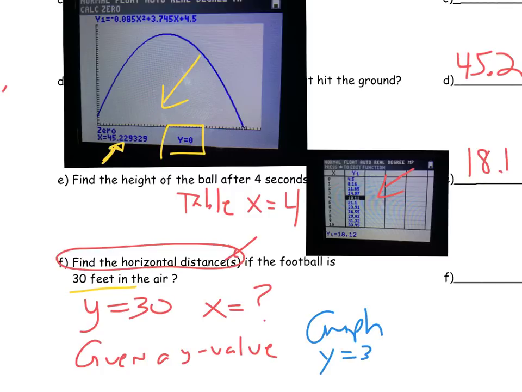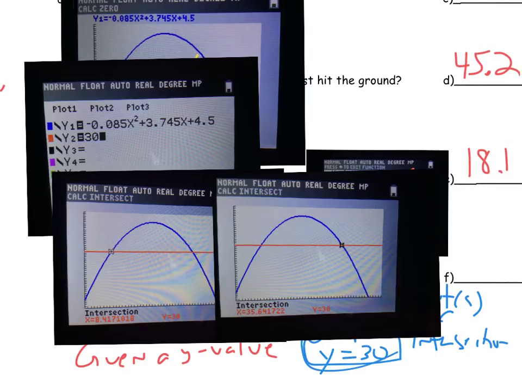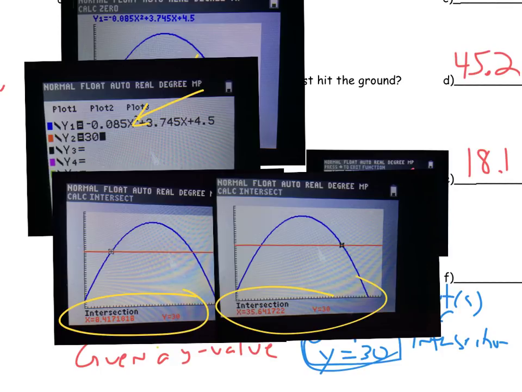I'm going to graph the equation y equals 30 and then find the points of intersection of our equation and this new equation y equals 30. And here you go, here are the 2 points of intersection. We have to find the x value to the nearest tenth. So it looks like we're going to have 8.4 feet and 35.6 feet.